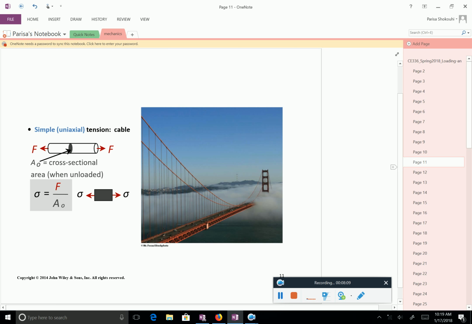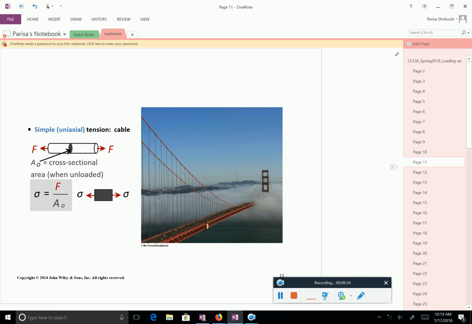Well, what are some of the examples of these kinds of stress? For example, simple uniaxial tension. You can think about the force that we have in cables. The cables here, all they are doing is pulling the deck of the bridge.